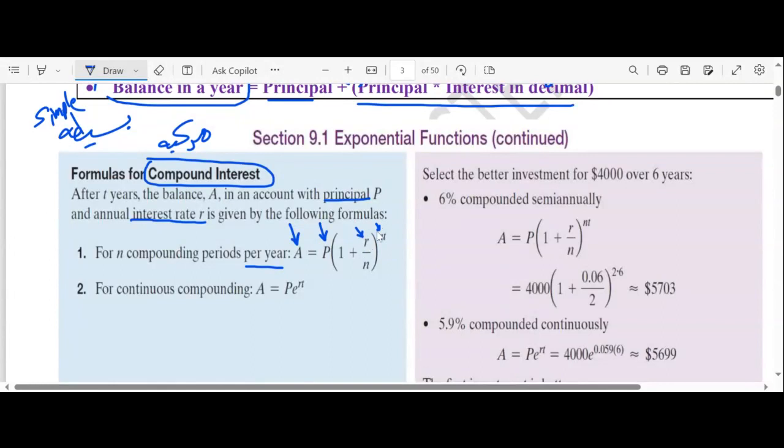So R is the interest rate, N is how many times you are paid per year, whether one time a year or twice a year. Sometimes every 1 month you get paid, and sometimes every 6 months. And sometimes at the end of the year, you get the interest. So it's different, right? Okay.